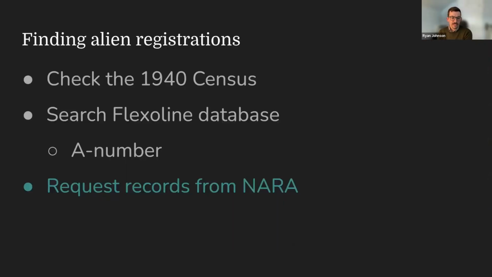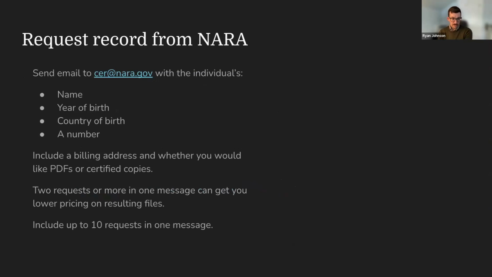So once we have a Fold3 entry of interest and we find that A number, we're ready to request the record from the National Archives. We can do it by email. We send them 4 pieces of data about the individual: name, year of birth, country of birth, and the A number we found. And it streamlines their process to let them know your billing address and state that you would like PDFs.